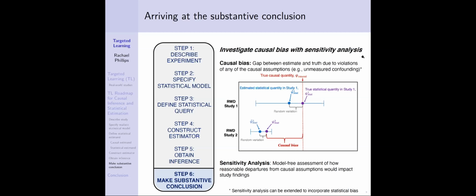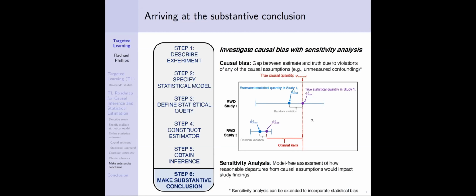So causal bias is the gap between the estimate and the truth due to violations of the causal assumptions, like unmeasured confounding. This is something that cannot be tested from the data, but we can use a sensitivity analysis as a tool to investigate how much unmeasured confounding would be needed in order for our results to be deemed null or not null.